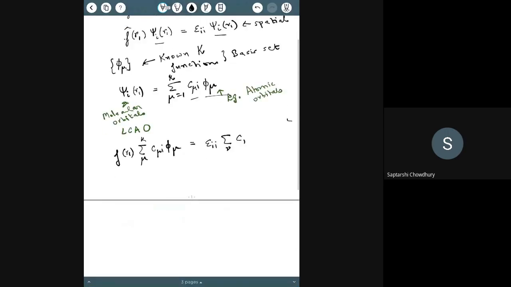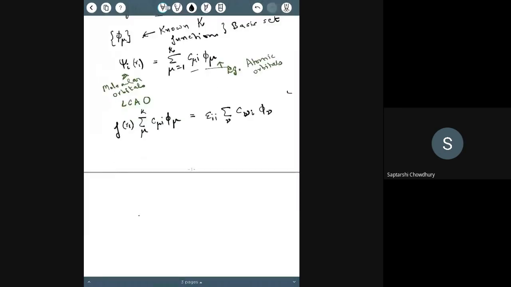And then I can multiply by another phi star. Okay, let me put both these in the same sum. It's the same thing, no problem.